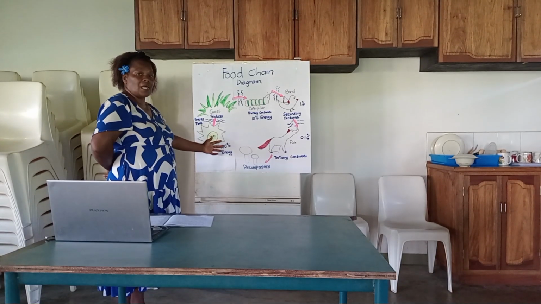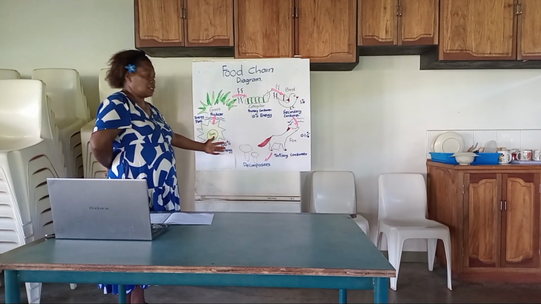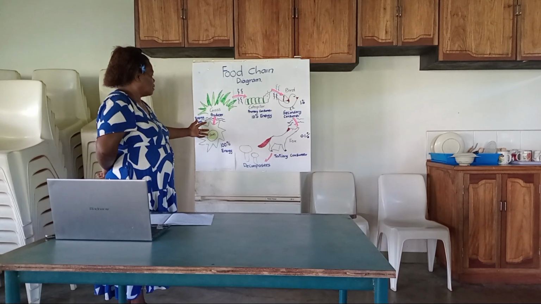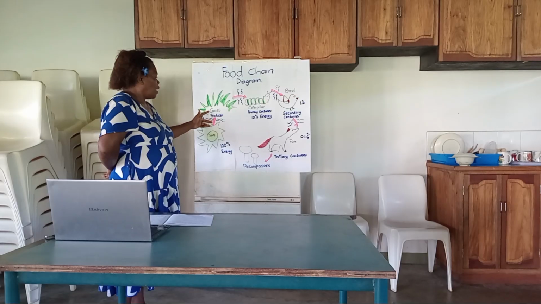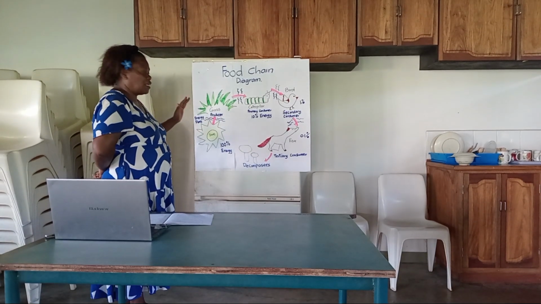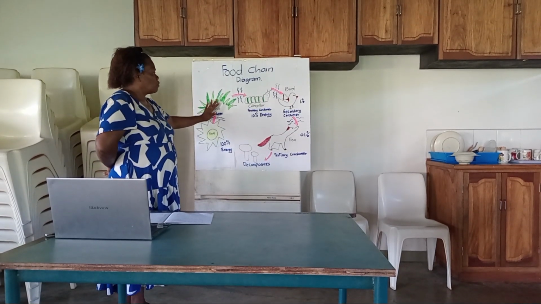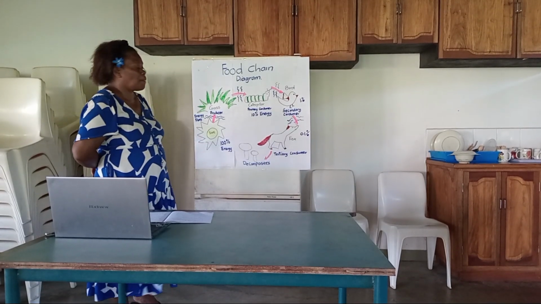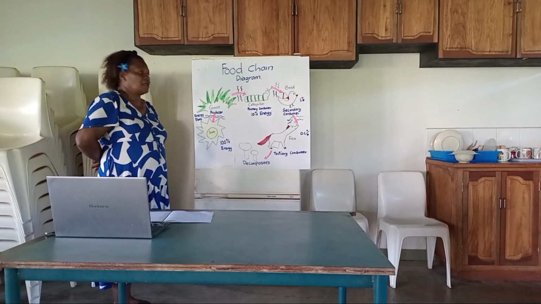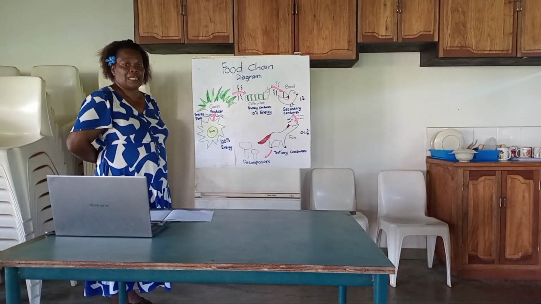It produces 100% of energy, and when it passes on to the grass, the energy flows to the primary consumer, and the energy decreases to 10%.